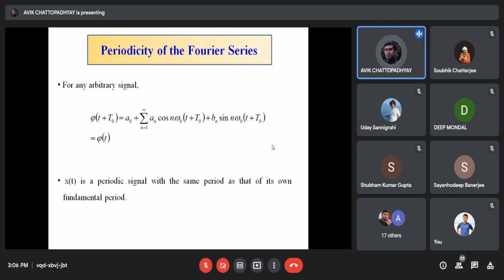So these are the definitions you have been following for a long time. Now this definition is equally applicable here, because in case of Fourier series the signals that you are dealing with are basically periodic in nature. So for that periodic signal, the periodicity property is also applicable.